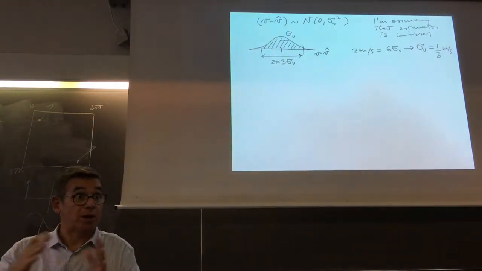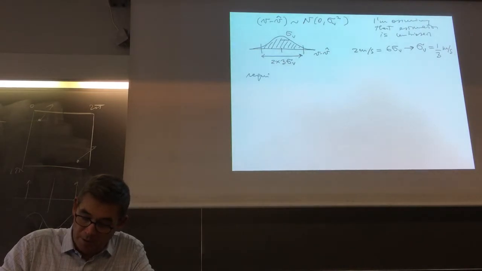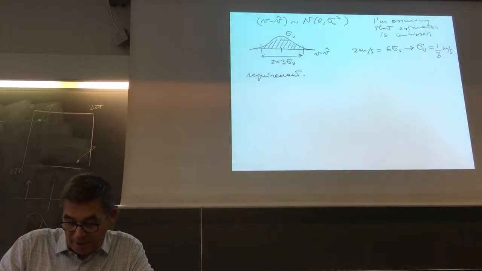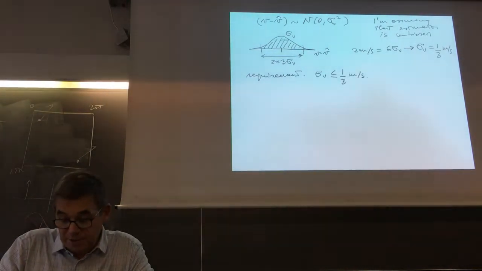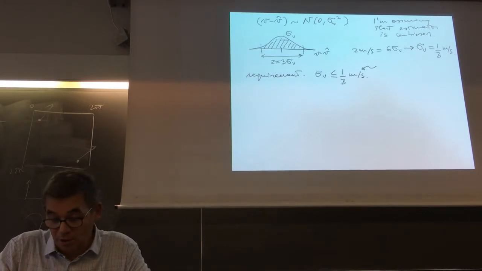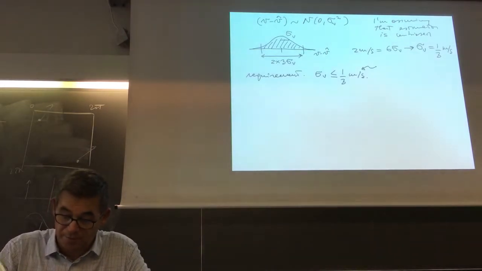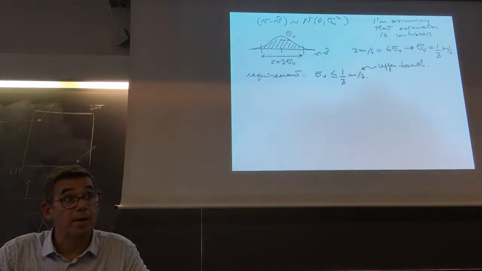Better means smaller. So the requirement is that sigma v should be smaller or equal than 1/3 meter per second. This 1/3 meter per second is the upper bound.